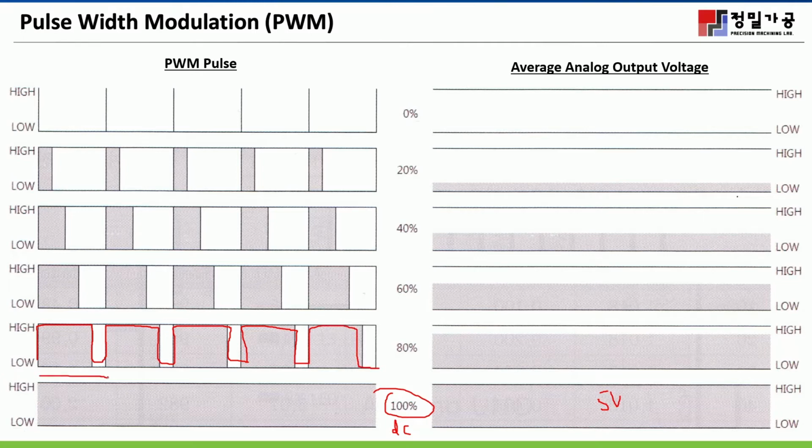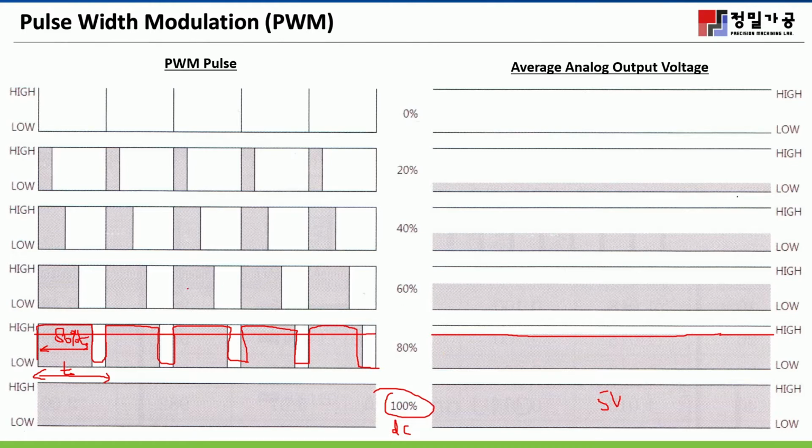This one is one period, and this one is 80% of the period, and the output voltage is on average around here.